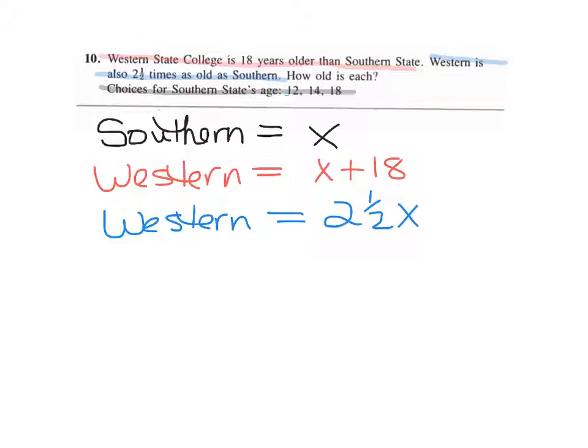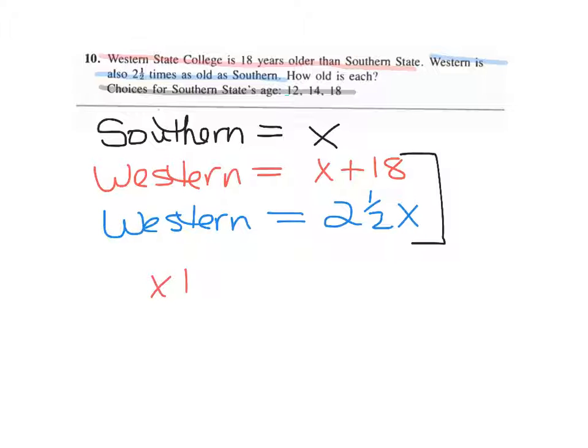Now, instead of doing an operation with the x and the x plus 18, because I don't know how much the total is, I just know here that the red Western expression that I wrote and the blue, these are the same amounts. So for this problem, I'm going to set the two expressions for Western equal to each other.